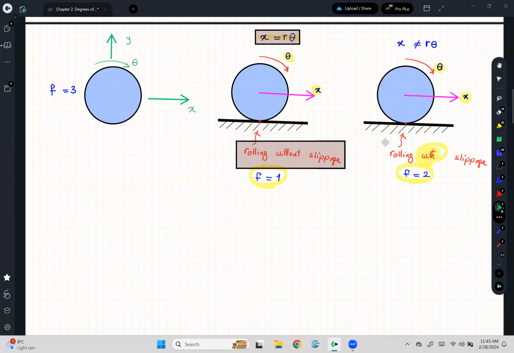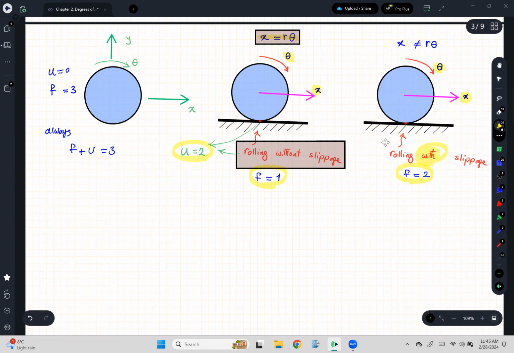We're going to say whenever you have rolling without a slippage, it means you are constraining it by 2. Remember, we said always F plus U is equal to 3, always. The first one here had no constraint, 0.